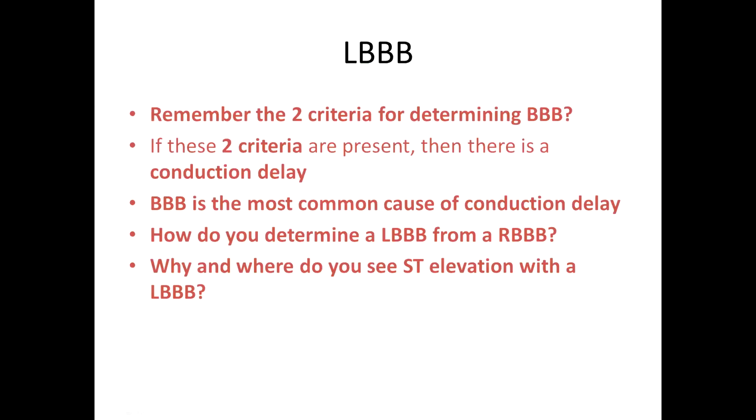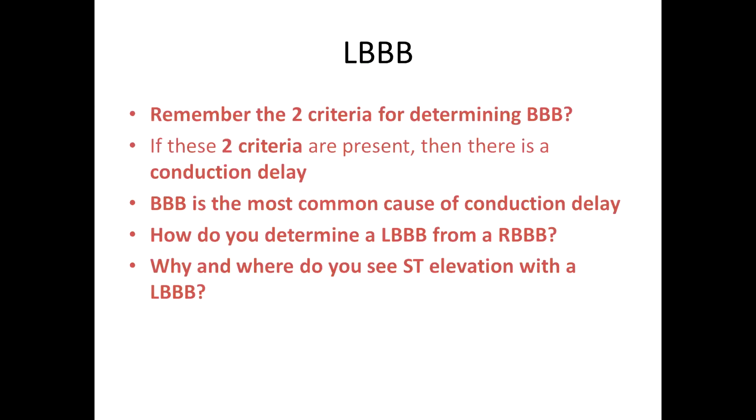So the configuration of that QRS complex is due to a conduction delay. It takes more time, that's why it's wider, to depolarize the ventricles because one of the bundle branches is blocked. Now, the thing you have to keep in mind with a bundle branch block, they will almost always present with ST segment changes.